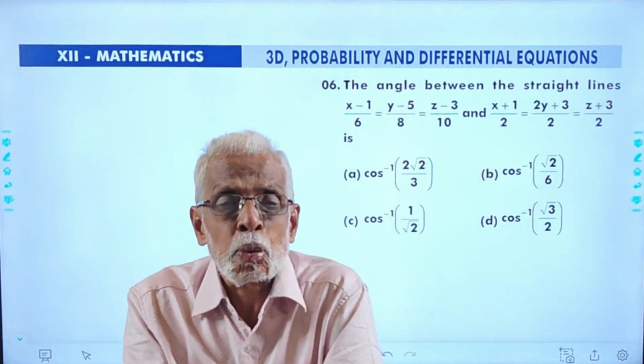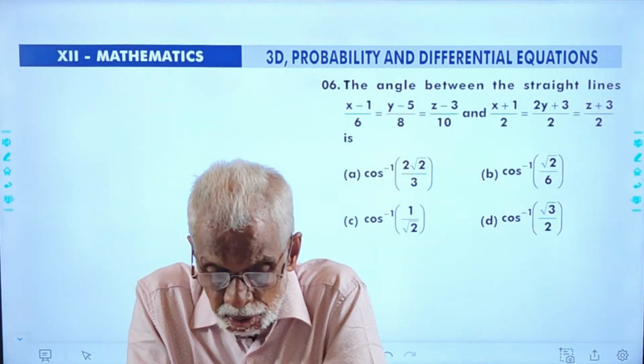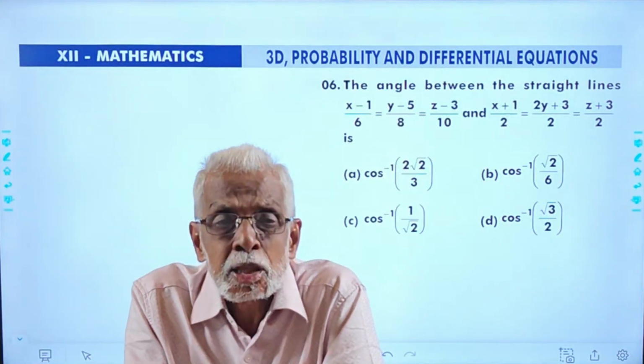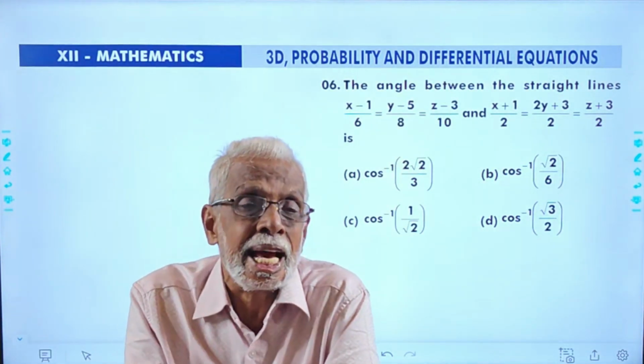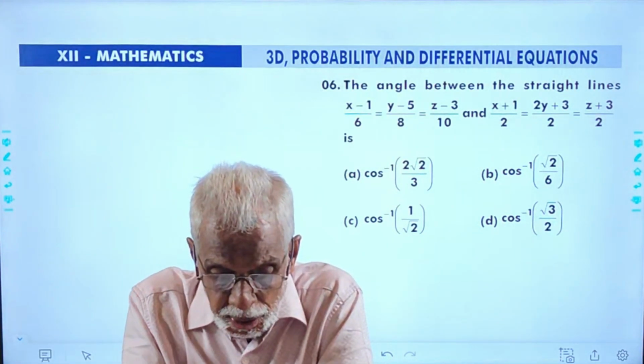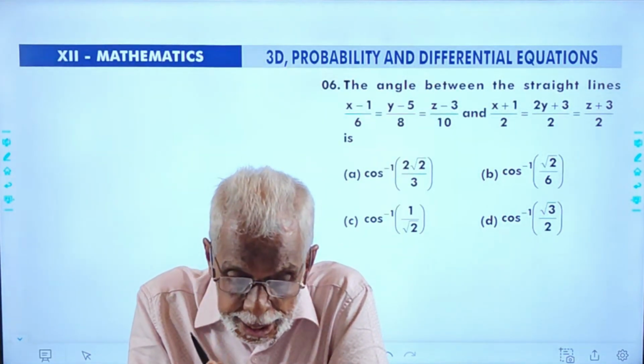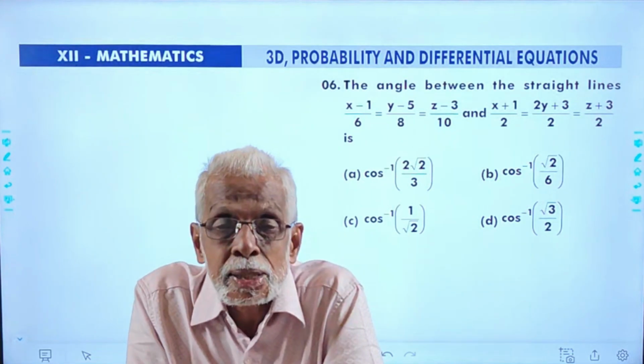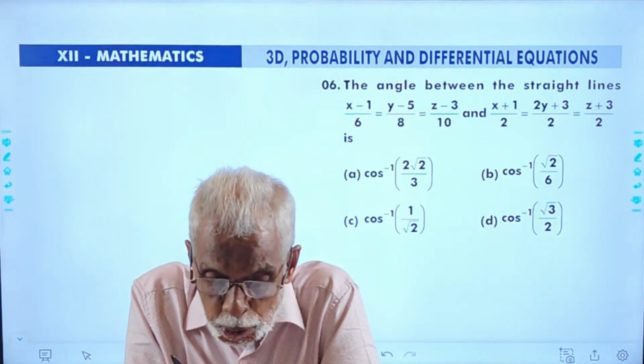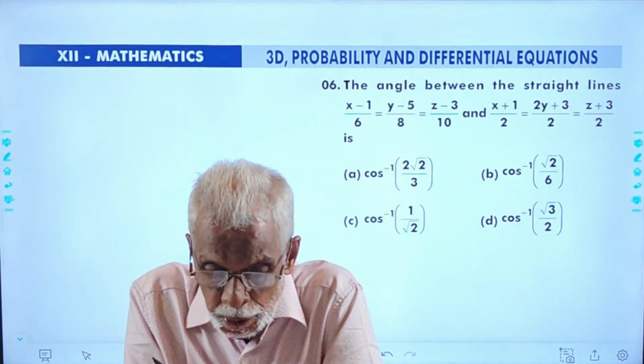Sixth question, we are given two lines. In order to find the angle between two lines, we need the direction ratios only. The direction ratios of the first line are 6:8:10. The direction ratios of the second line are 2:2:2.